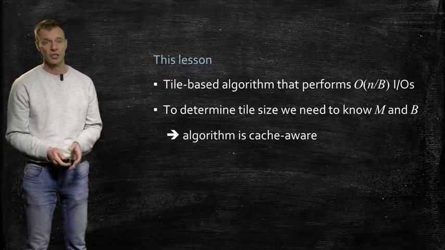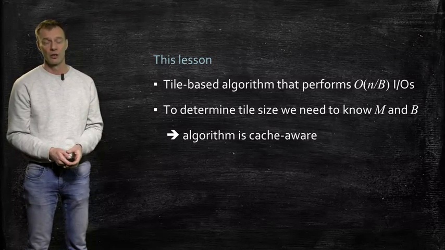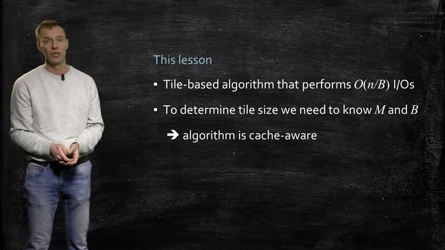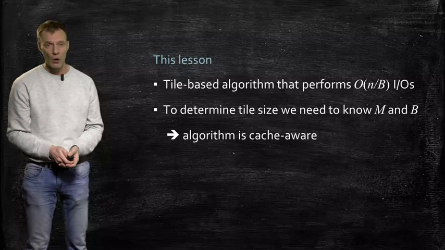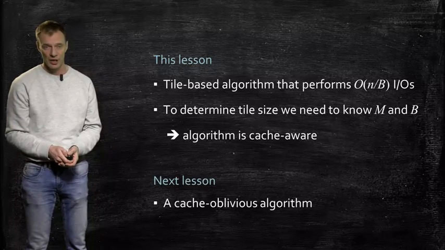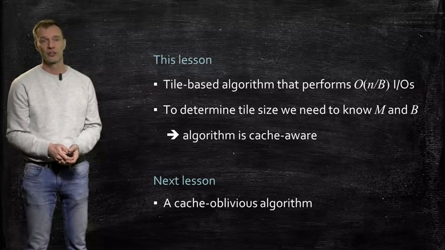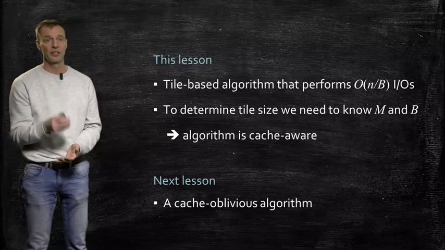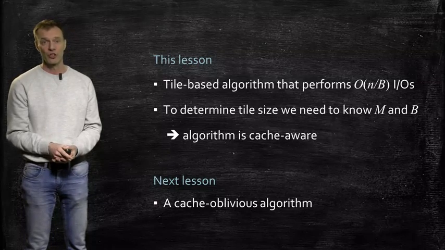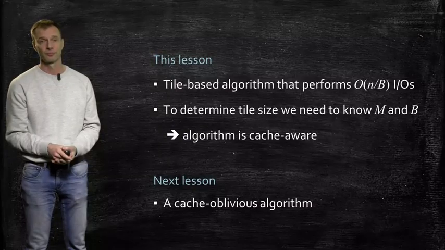But of course, it's cache aware, right? Because you need to pick this tile size such that everything fits into the internal memory. And for that, you need to know how big the internal memory actually is. In the next lesson, we're going to look at an algorithm that works slightly differently and that does not need to know the main memory size. So that algorithm is going to be cache oblivious.